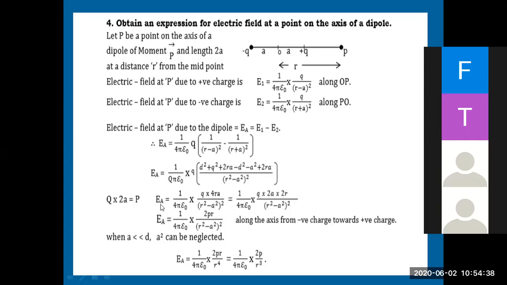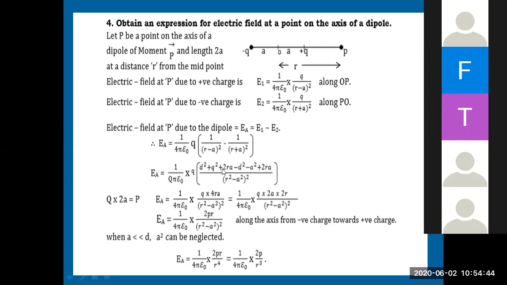So this will be E is equal to 1 divided by 4 pi epsilon naught Q as it is. Add up these two terms, you will get 4AR divided by R square minus A square the whole square. Now here you have to make one small change. 4AR can be split into 2 into 2AR, correct? 2 twos will give you 4.